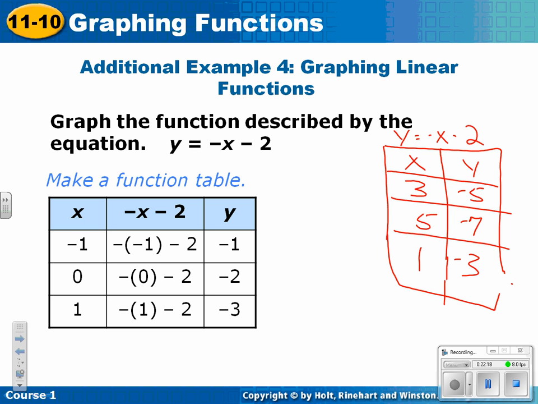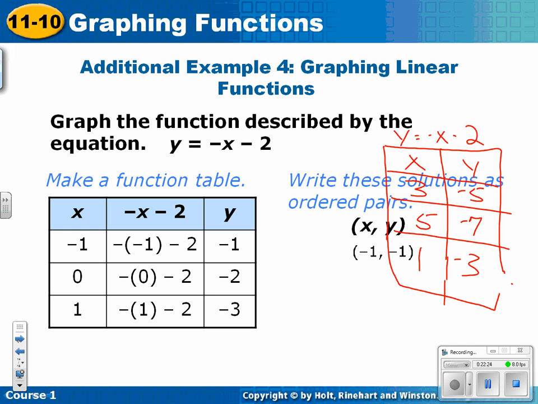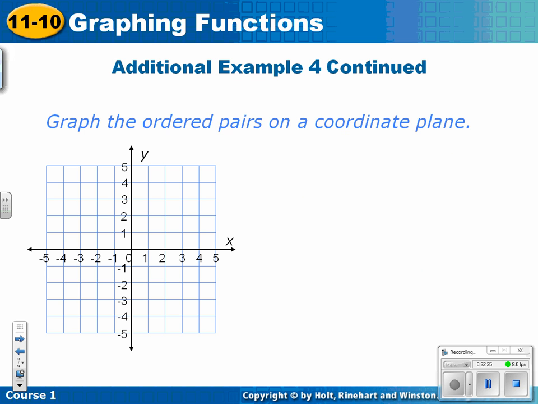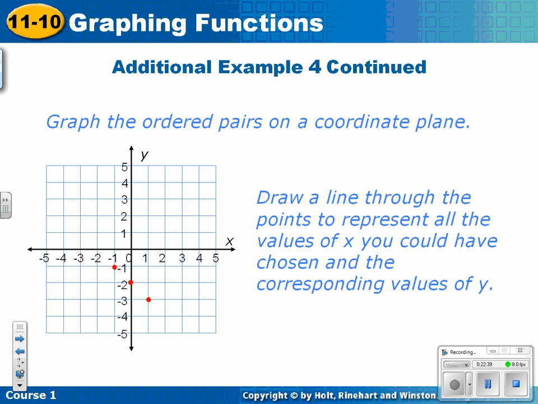It doesn't matter what x numbers we choose, because you'll see. Then we write them as ordered pairs, which is what we kind of did. We had 3, -5, 5, -7, 1, -3. And then we can take those numbers. That's how the line gets there.